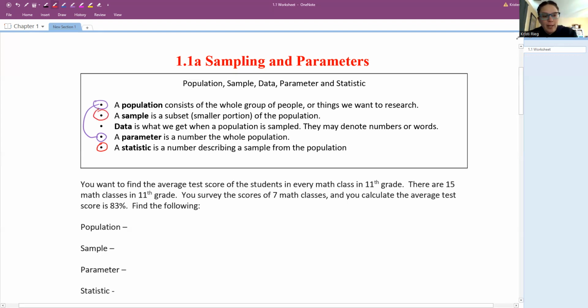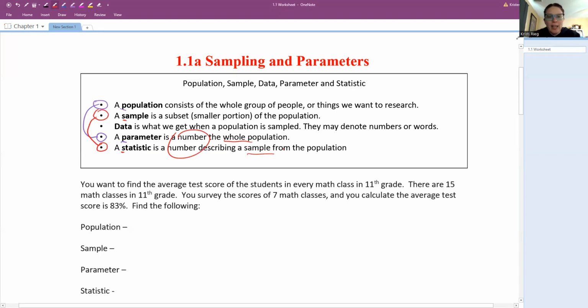So sample and statistic go together. They both start with S. Population and parameter go together. They both start with P. Parameter and statistic are both those numbers describing either the whole population or the sample.